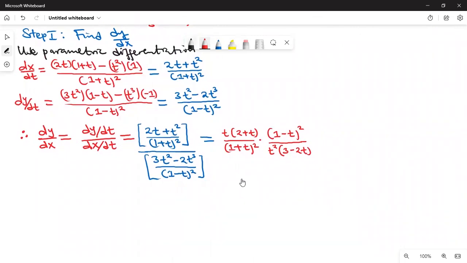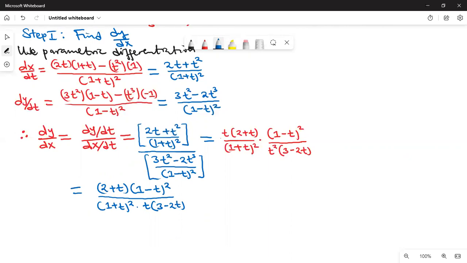This can as well be written as equal to (2 plus t) times (1 minus t squared) over (1 plus t) squared times t into (3 minus 2t).